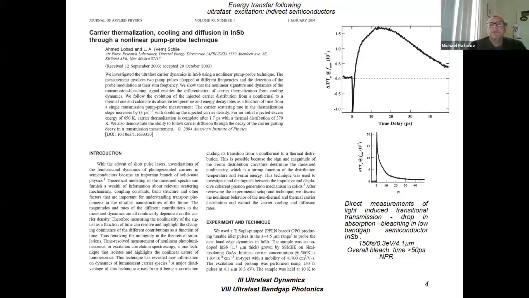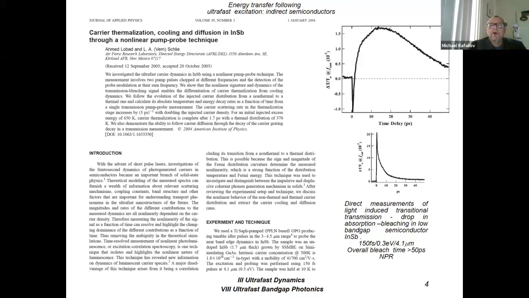So the people measured the transmission of indium antimonide on ultrafast pulse excitation. The common thing people use is titanium sapphire, and its derivative OPO, double OPO here.